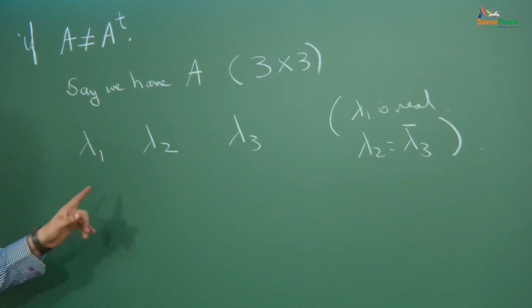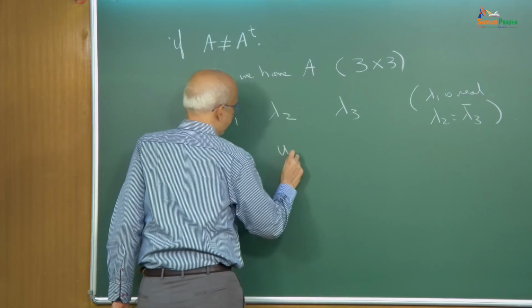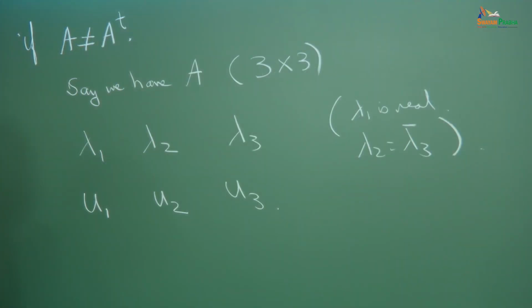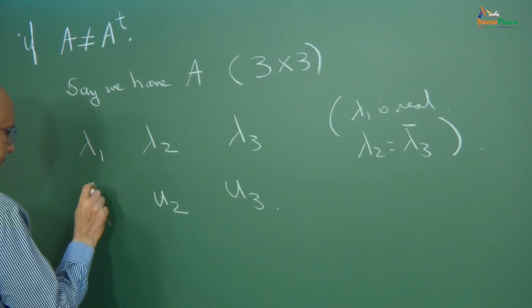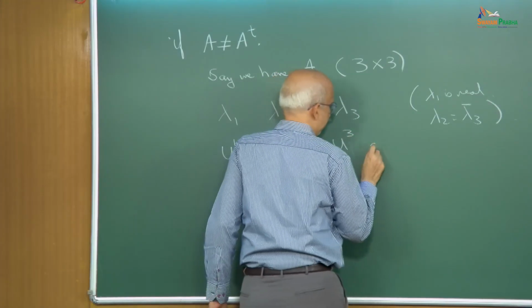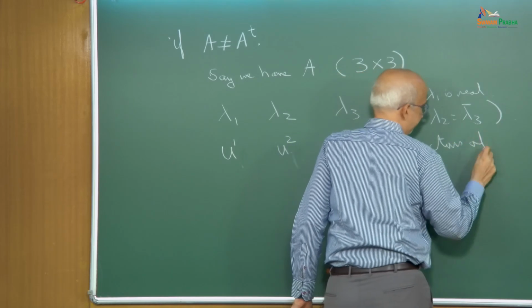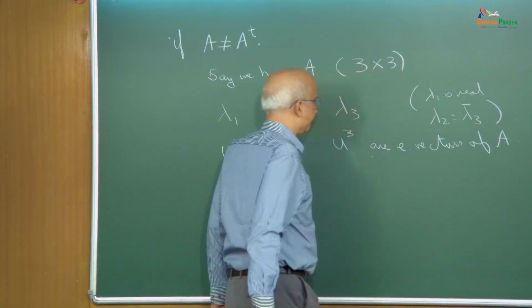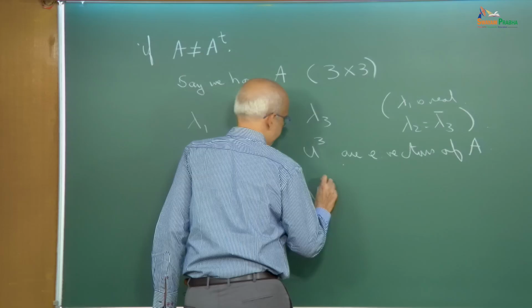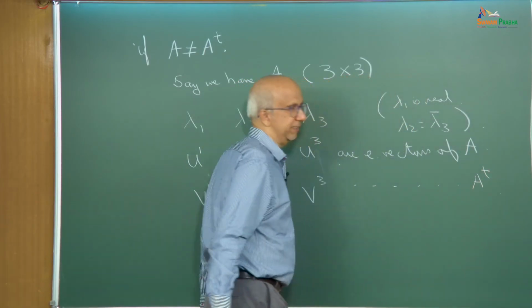Now, corresponding to this, you need to look at U1, U2, U3. What are these? These are the eigenvectors of A, and V1, V2, V3 are the eigenvectors of A transpose.